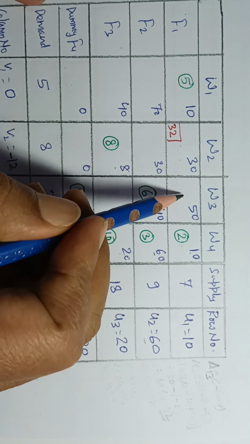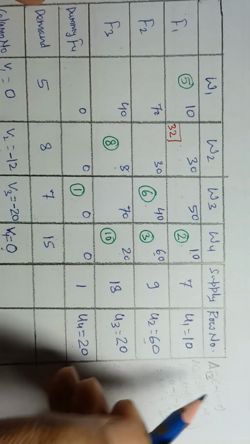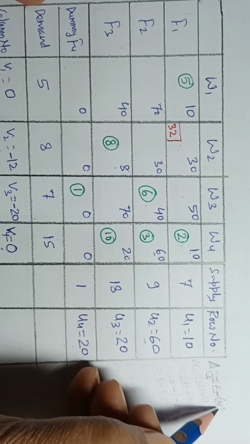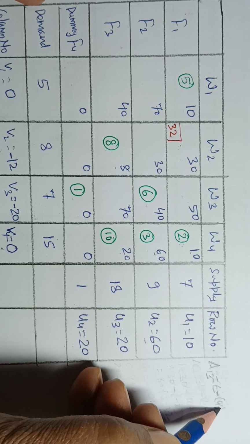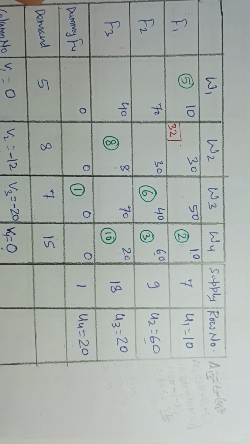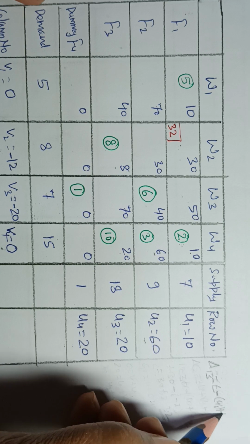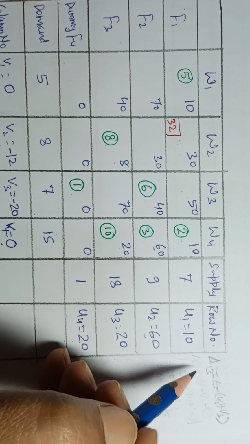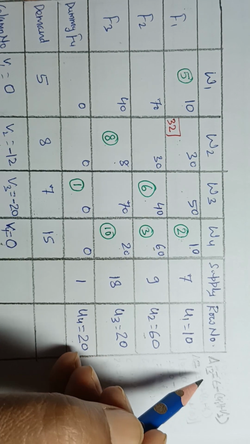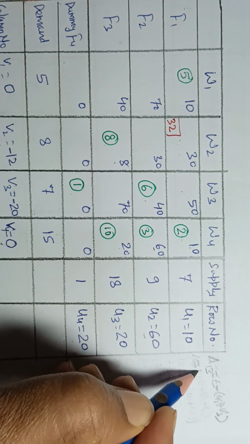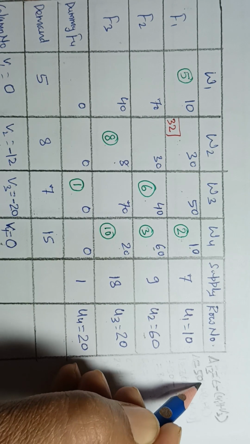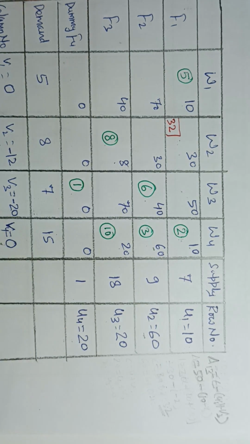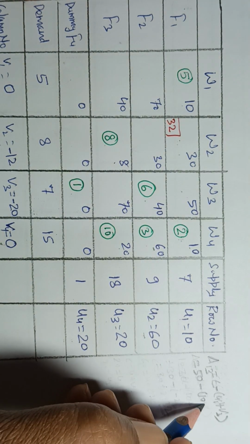Like this I will calculate opportunity cost for this cell, that is F1W3. F1W3 is equal to C minus U1 plus V3. Here the value of C is 50, minus the value of U1 which is 10, and the value of V3 which is minus 20.